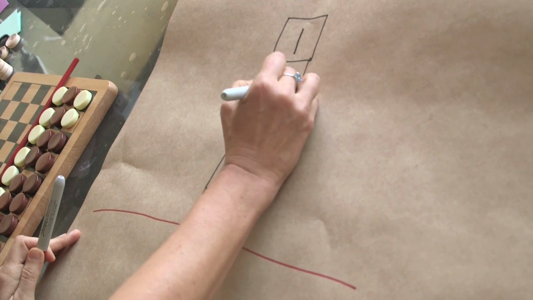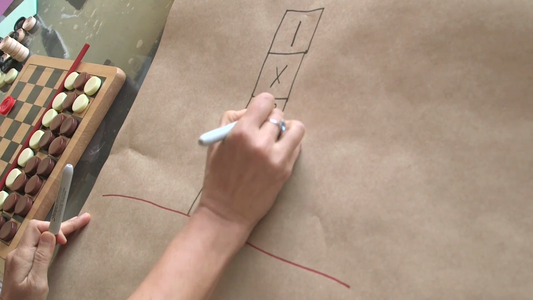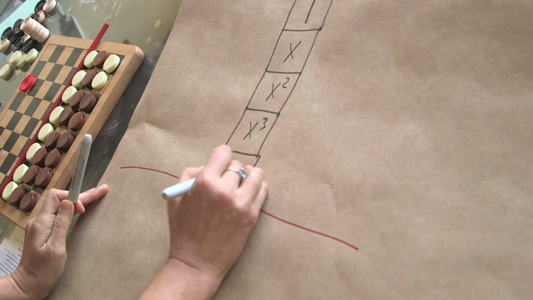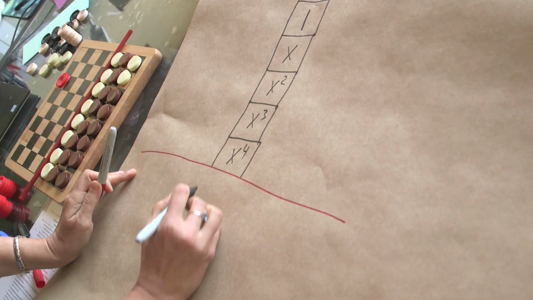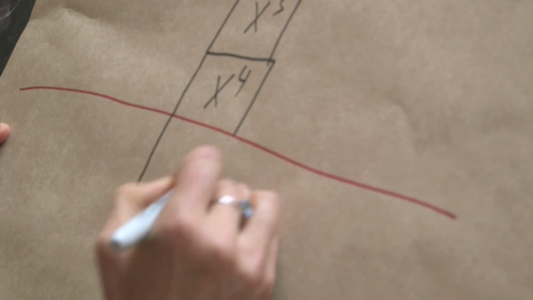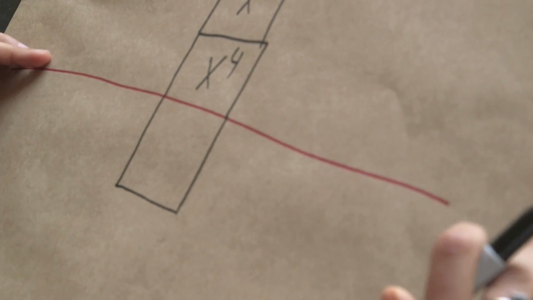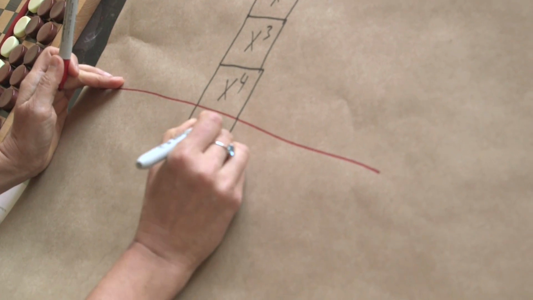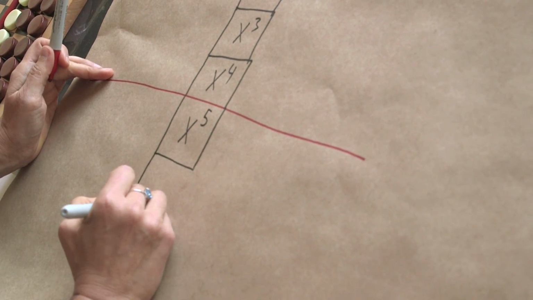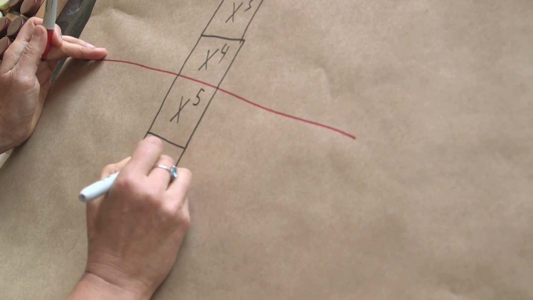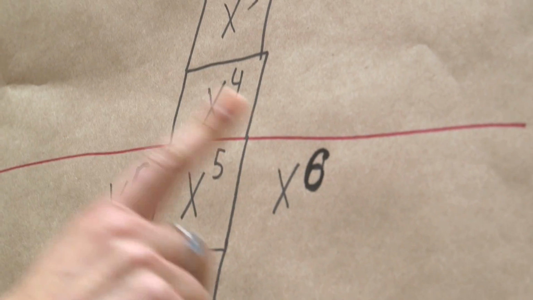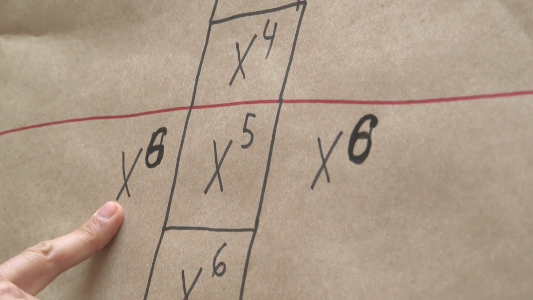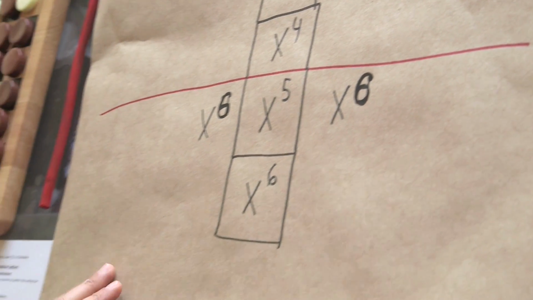Underneath we have x, x squared, x cubed, x to the 4th. And what we're really interested in is what is happening underneath the line. So I'm going to write just a couple of powers here in this central column. x to the 5th, x to the 6th. And here we have x to the 6th, here we have x to the 6th, and you can keep extending.